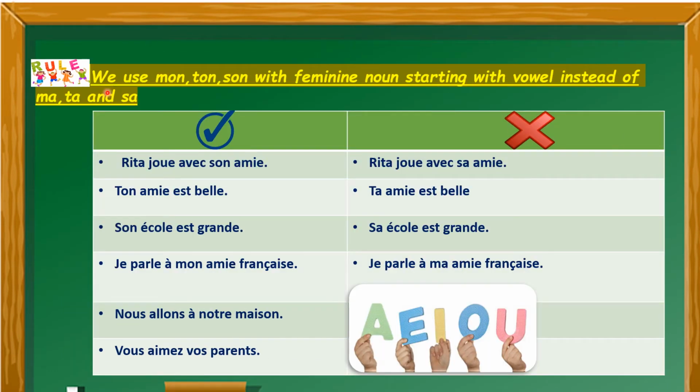Rule number 2 is really important, and sometimes students get confused with this rule. We have to concentrate here on the vowels.